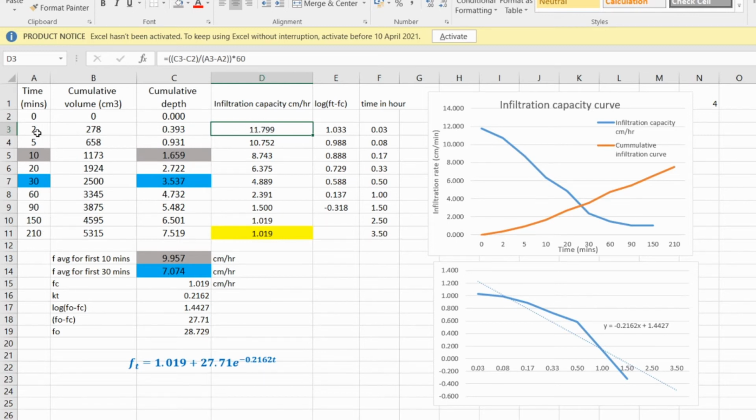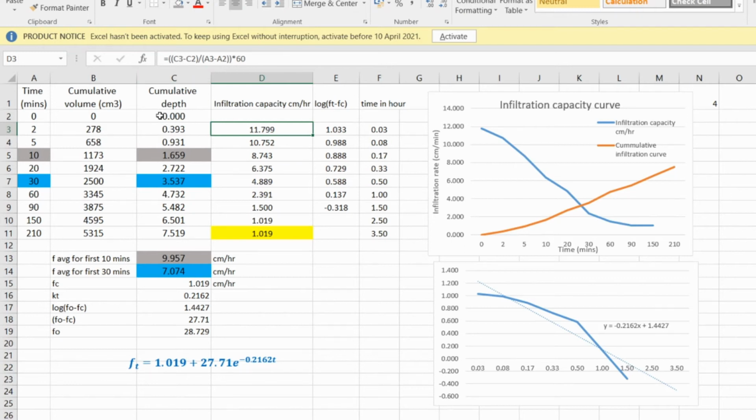At time t equals 2, I need to calculate the infiltration rate. Now I'll see how much the cumulative depth is. So the cumulative depth is 0.393 at 2 minutes, and at 0 minutes it was 0, right? This cell is representing C3 and this cell is representing C2.